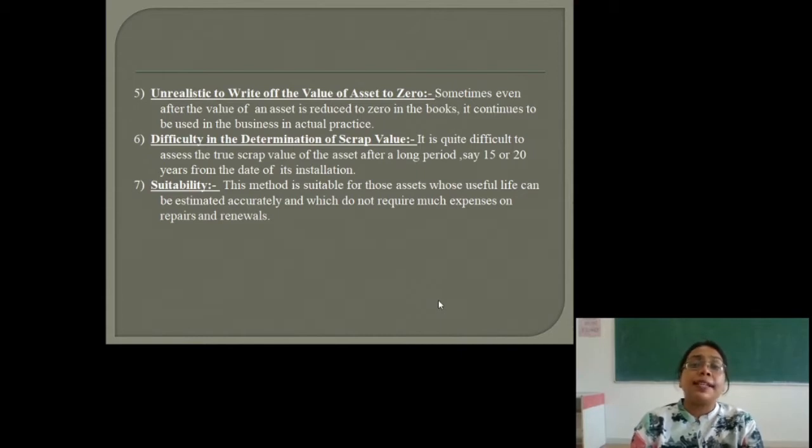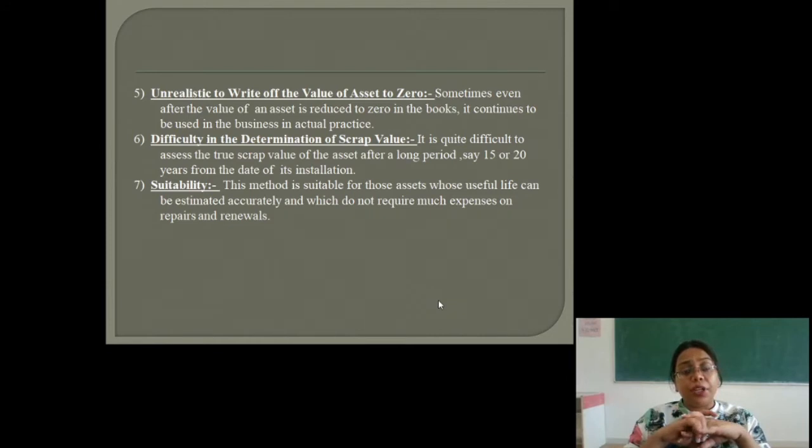A business doesn't stop using the machinery even if its value is zero in the books of accounts. So this is an unrealistic practice. It is not practically possible.